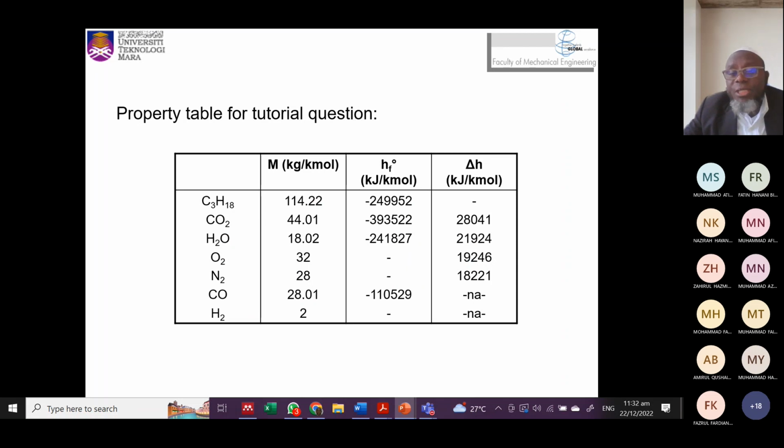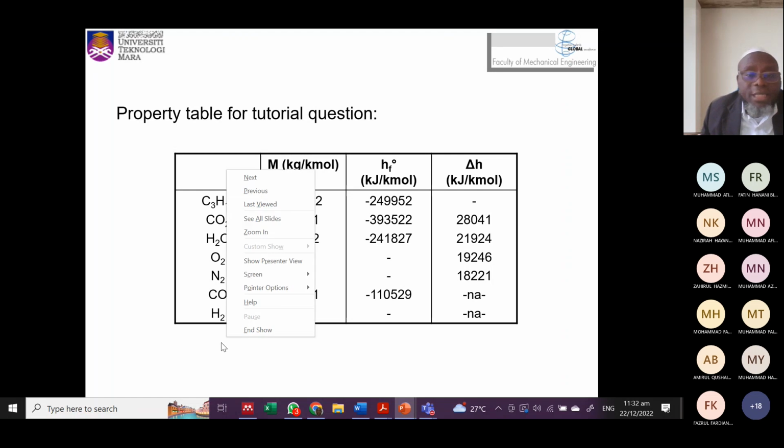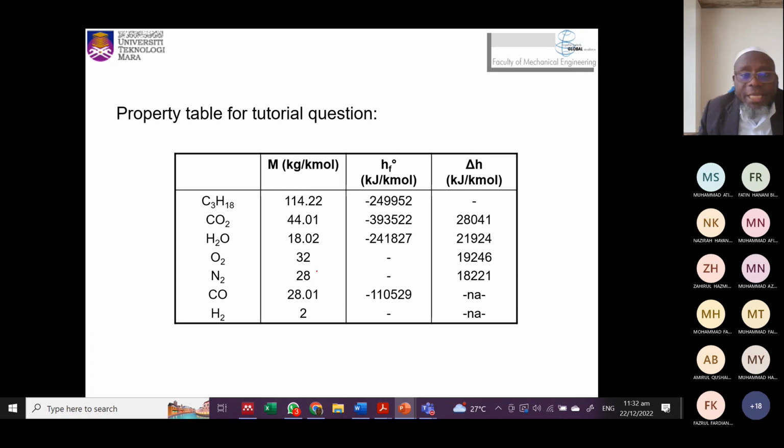Okay, so these are various properties for fuels at various standard states. If you take something like pentane, C5H12, the molar mass of the fuel is this. The enthalpy of formation is this. And then carbon dioxide molar mass is this, enthalpy of formation is this.